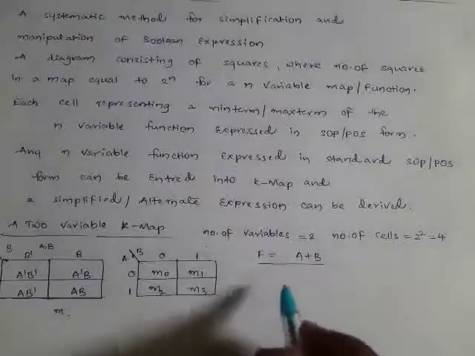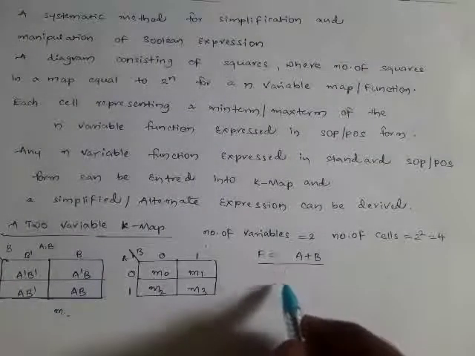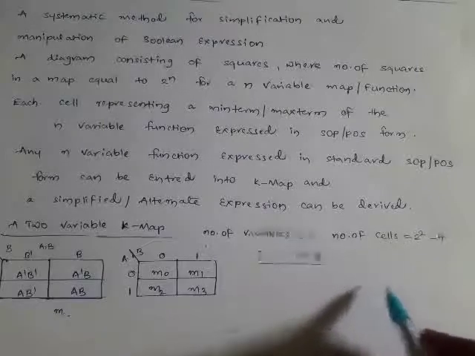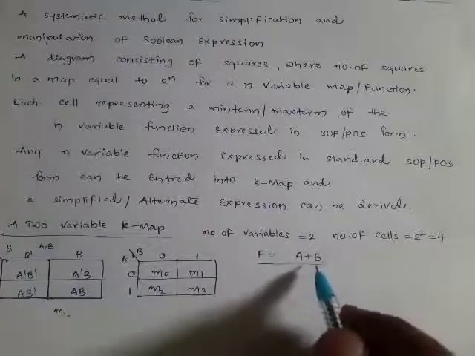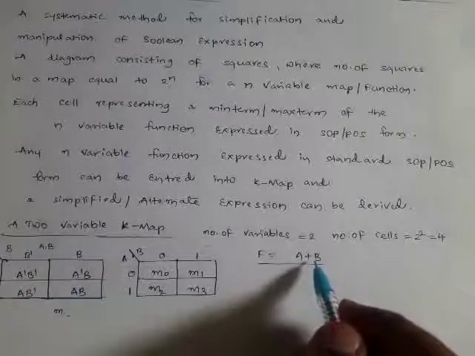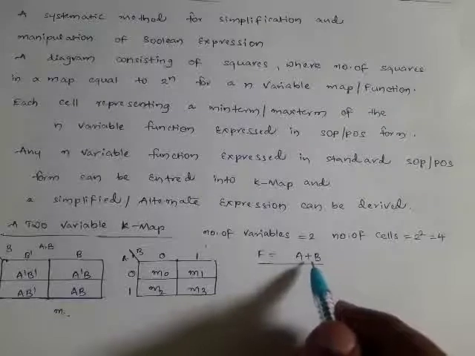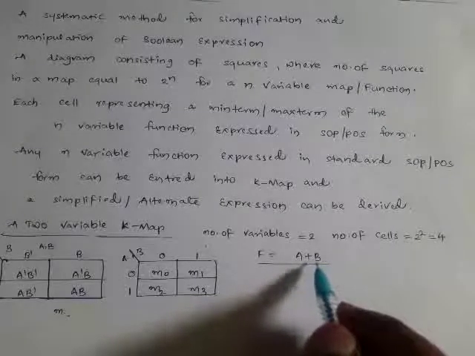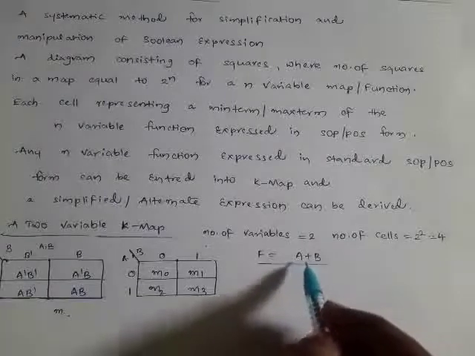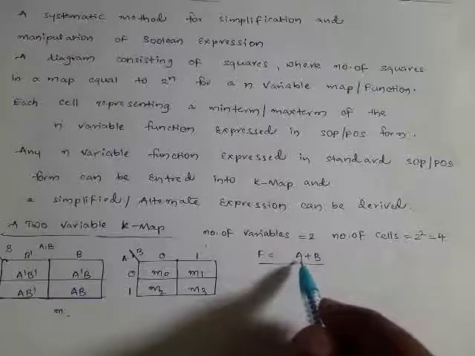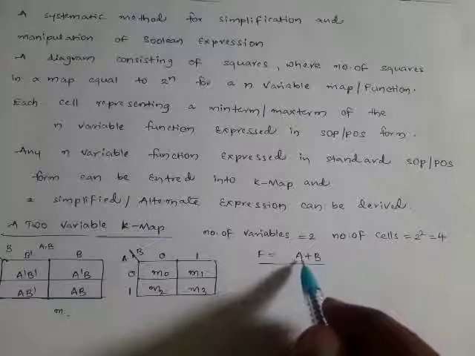So we already learned that to represent a function using a K-map, the function is to be expressed as the standard sum of products, that is each product term must be a standard product, or each term must be a minterm.